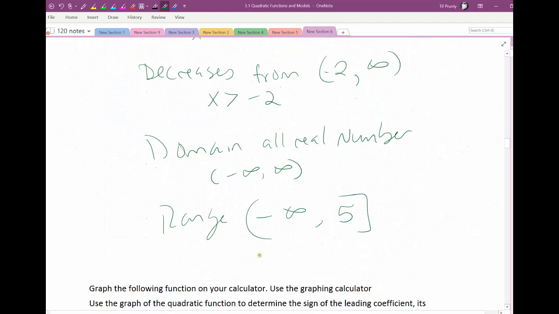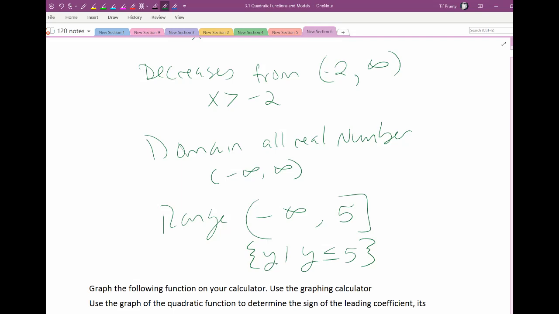If we were using set notation, it'd be all my y values such that y is less than or equal to 5. I want every y value existing from 5 down to negative infinity.